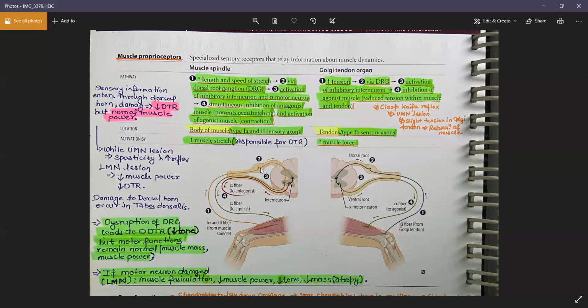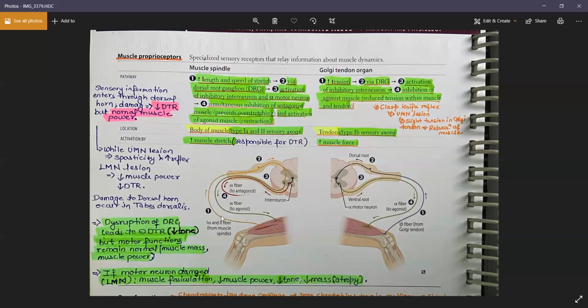But my muscle contraction still remains normal, and my deep tendon reflexes are inhibited. You can refer that to syphilis, the tabes dorsalis, remember? Yes. In tabes dorsalis, you will have damage to the columns and the dorsal root ganglion. You will have areflexia, but the muscle contraction is absolutely normal.